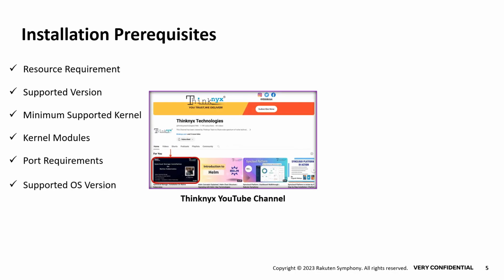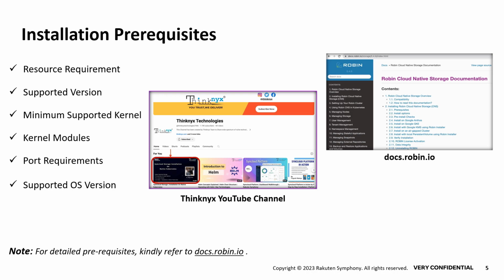You may refer to our last video tutorial, Symcloud Storage installation on native Kubernetes, on our YouTube channel, or refer to docs.robin.io for detailed documentation. In our case, where we wish to use GKE, the only prerequisite is to have a GKE cluster in place, and that's it.